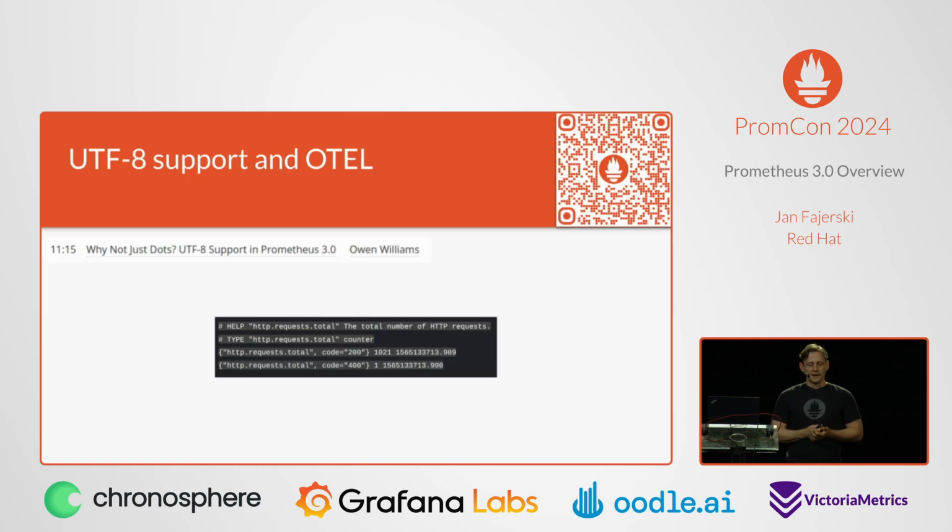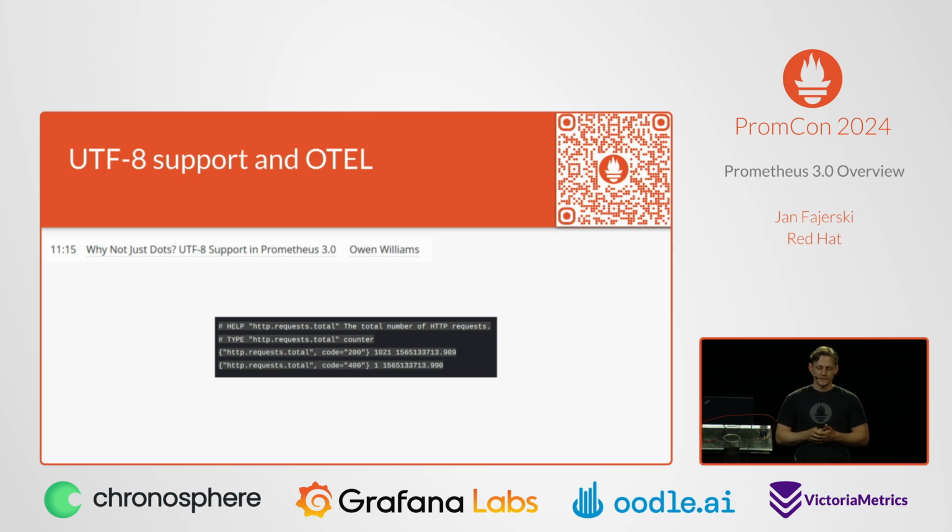All right, now we're coming to the character sets. I mentioned that already. Right now, if you ingest OTel metrics into Prometheus, the names will typically change. OTel has a strong preference for dots between the individual metric components, whereas Prometheus today only supports underscores.